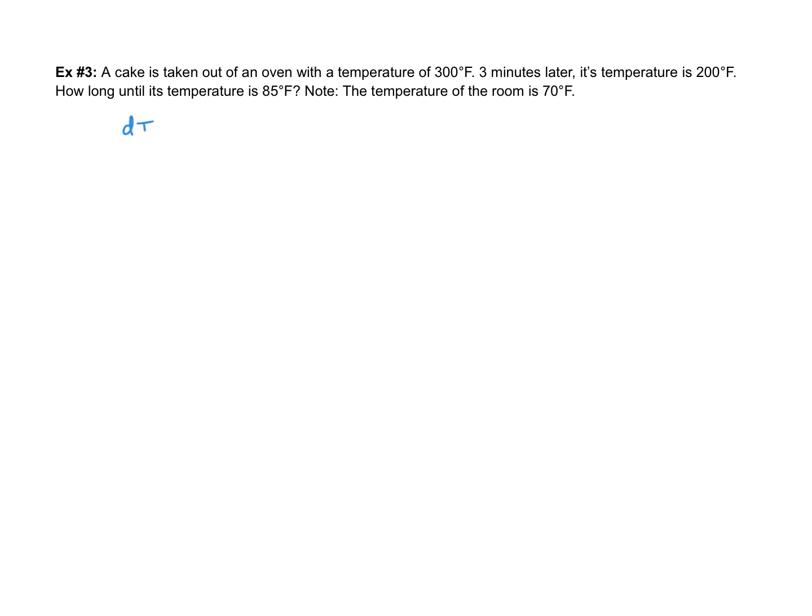We know the rate at which this cake is cooling is proportional to the difference between the current temperature of the cake and the temperature of the room, which is 70. We know at time 0 that our cake is at 300 degrees, and we know that after 3 minutes, our cake is at 200 degrees Fahrenheit. So this is all of the information that we've been given, and we want to know the time when the temperature is 85.